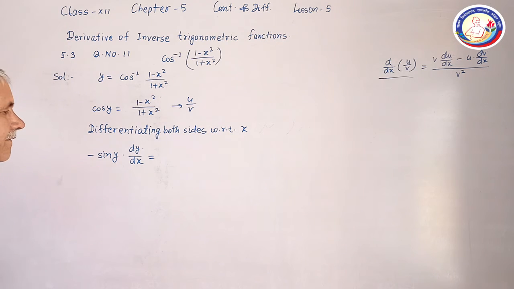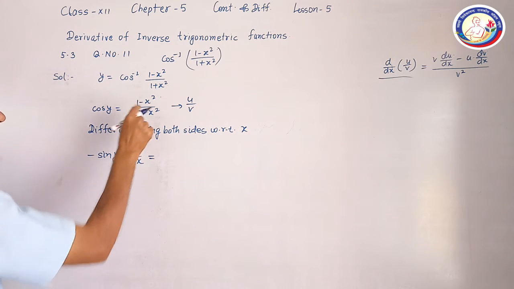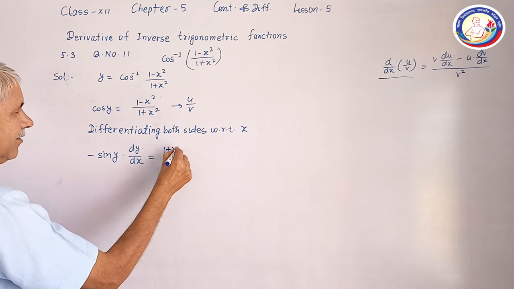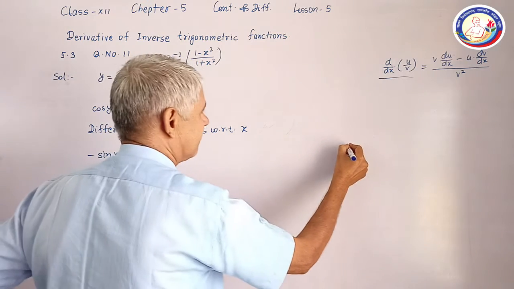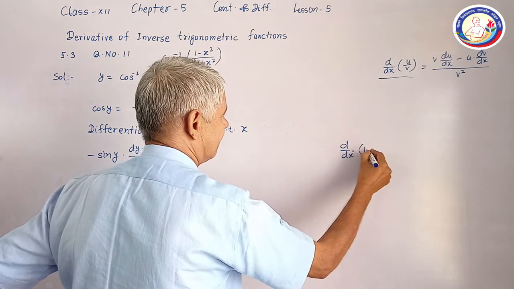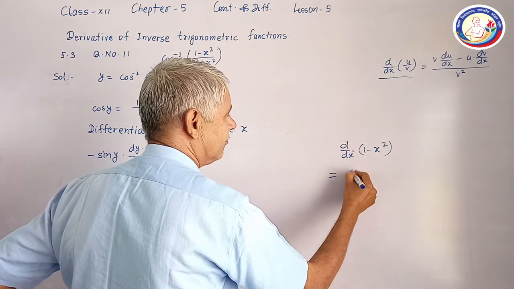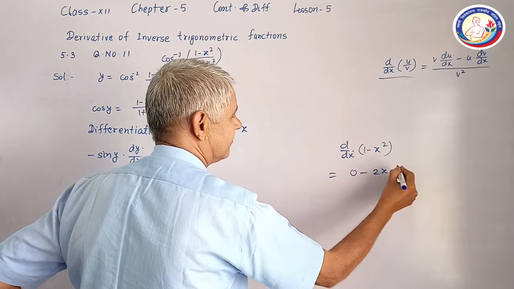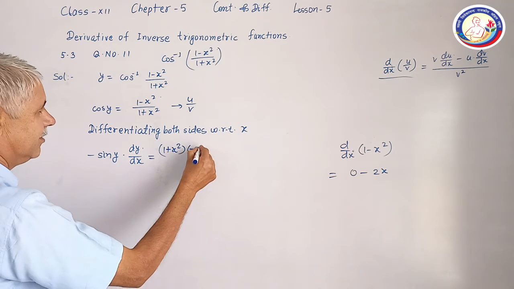Say v, that is the denominator 1 plus x square, times the derivative of 1 minus x square. The derivative of 1 is 0 and of x square is 2x by our formula. So we can write here minus 2x directly.